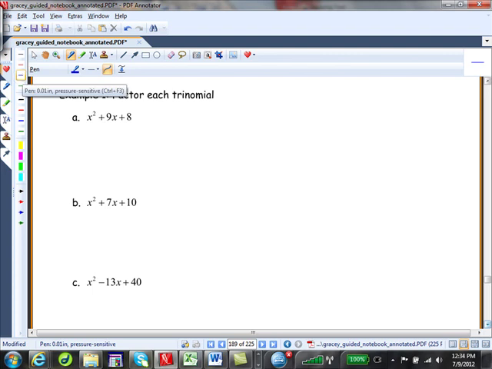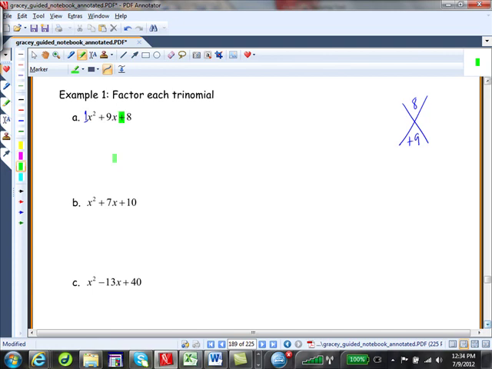So here we go. Factor each trinomial. So in this case, a is 1. So we're going to put our x over here. A times c is 1 times 8, which is 8. The b is positive 9. Now we use our reasoning from before.